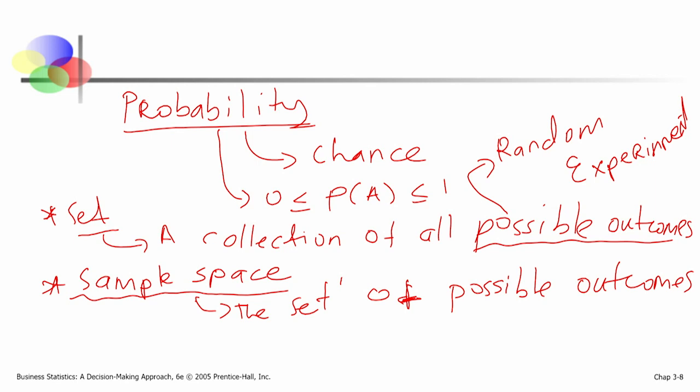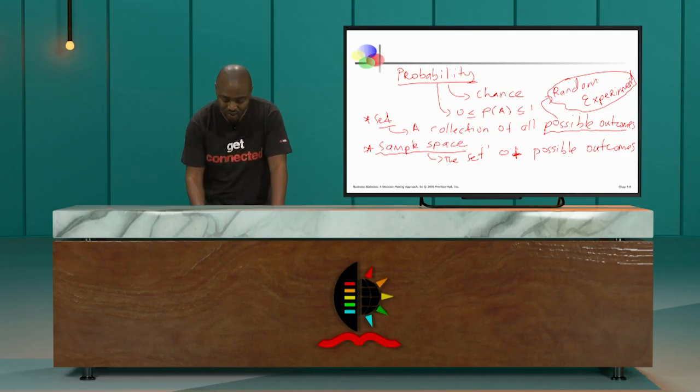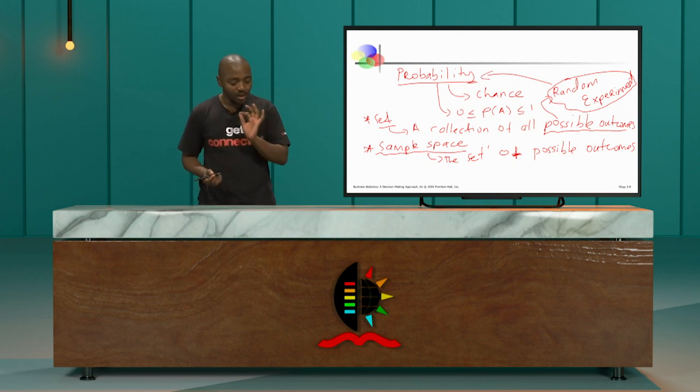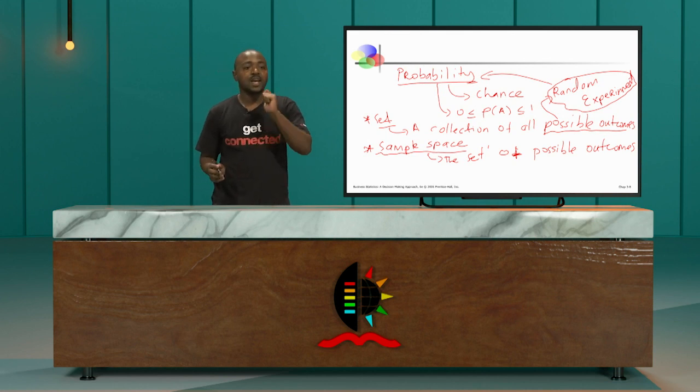For these outcomes to occur, there is a chance for these random experiments to occur, and a chance is the probability, okay? So for example, if you're tossing just one coin, the sample space of tossing one coin is either a head or a tail, okay?